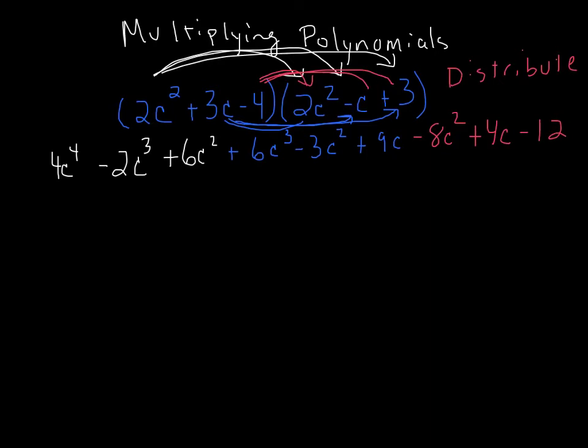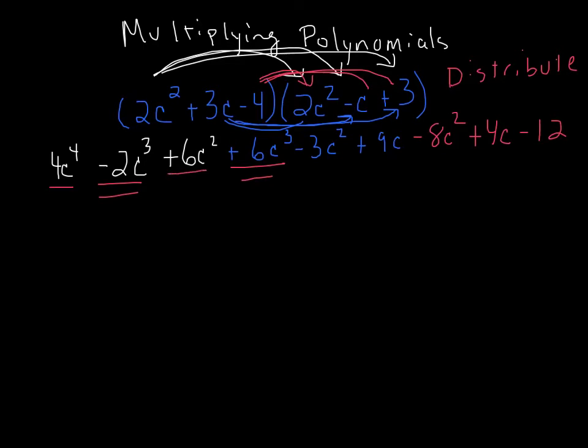Okay, now the next part is to go through and underline like terms. So we have a 4c to the fourth, and no more c to the fourths. Then we have a negative 2c to the third, we have a 6c to the third, and that is it.